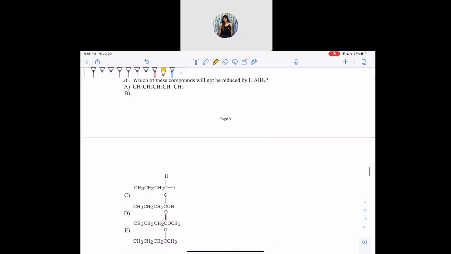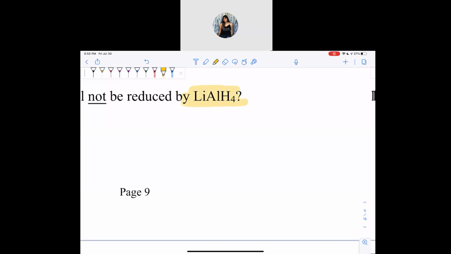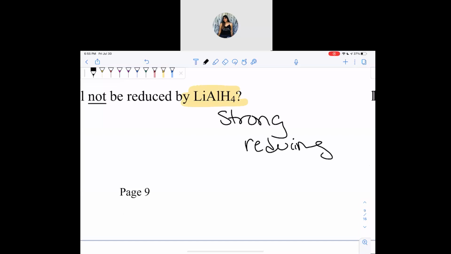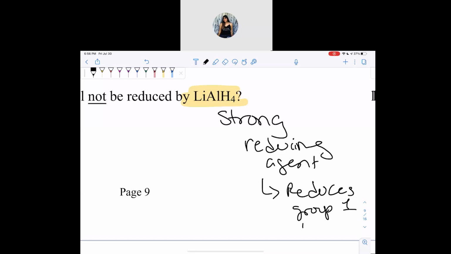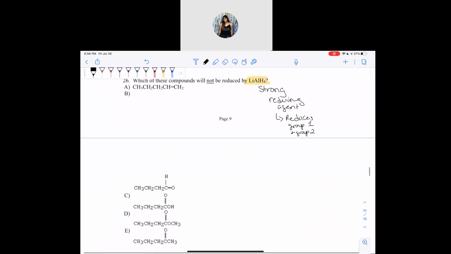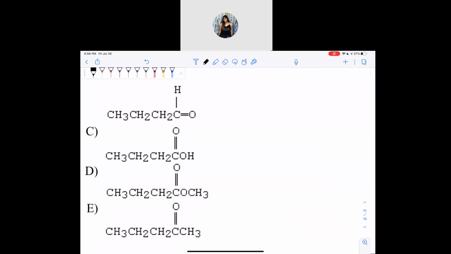All right. So which of the following compounds will not be reduced by LiAlH4? So we look, LiAlH4. This is a strong reducing agent. Therefore, we know that it reduces group 1 and group 2. So this guy should be able to reduce everything, right? So let's look at these functional groups. Here we have an aldehyde.